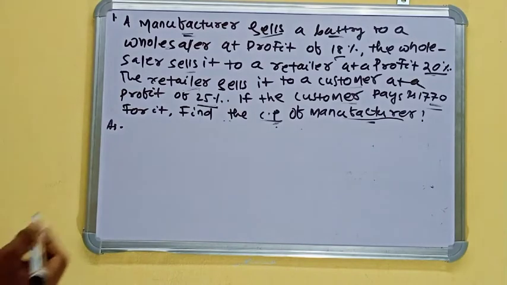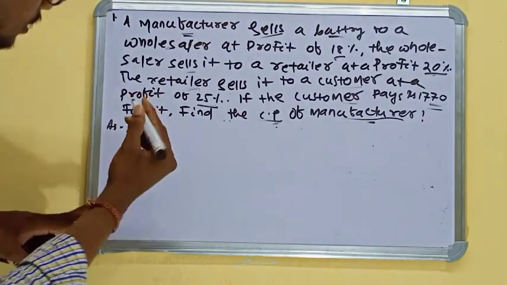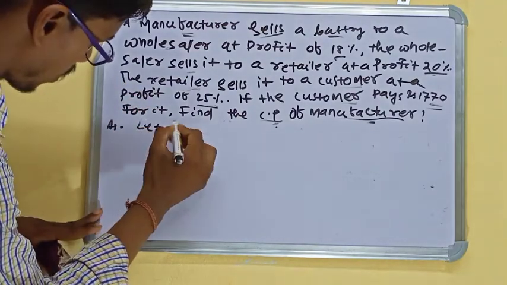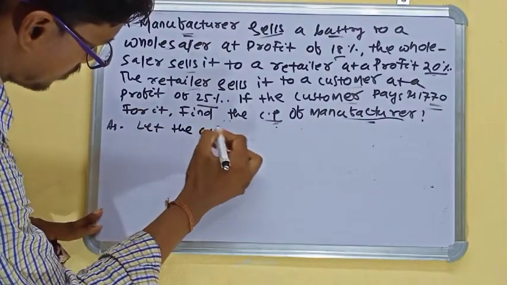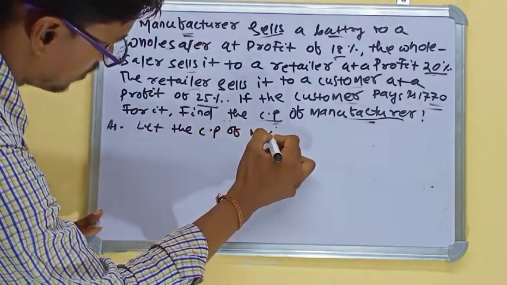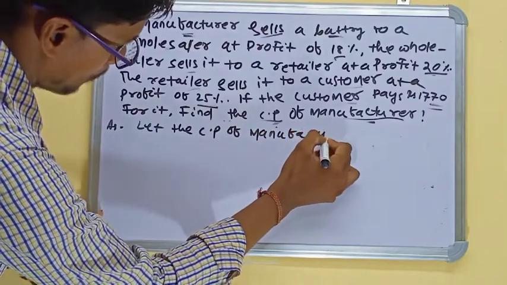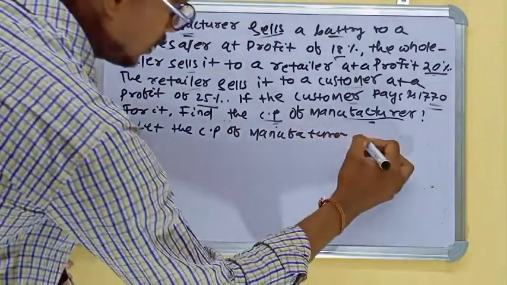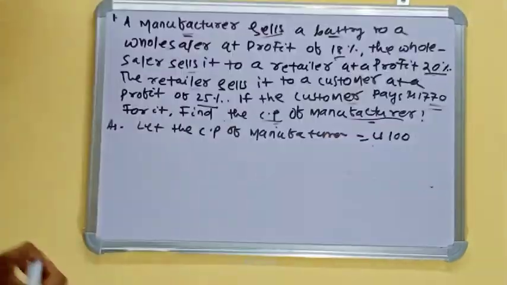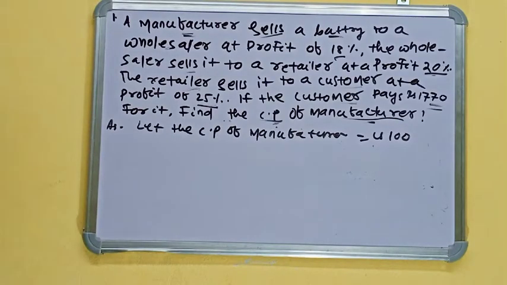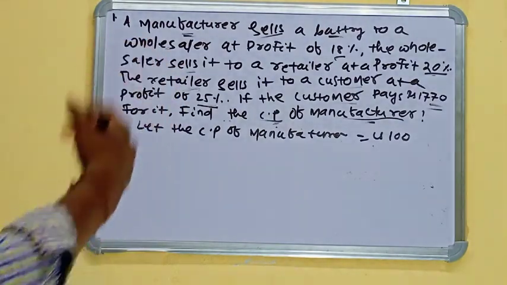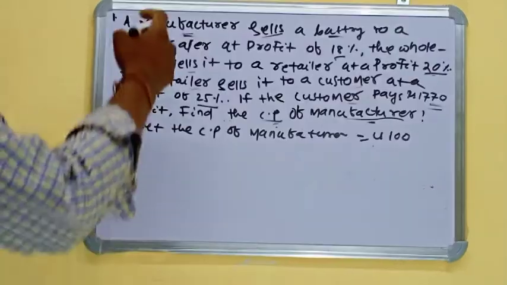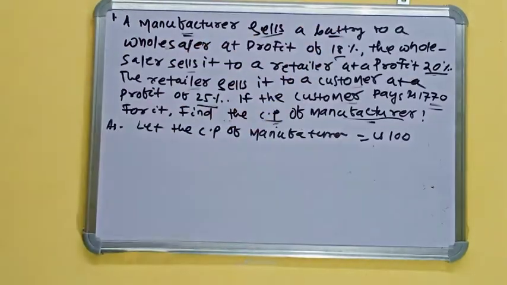First, let the CP of the manufacturer be rupees 100. The manufacturer sold the battery to the wholesaler at a profit of 18%.